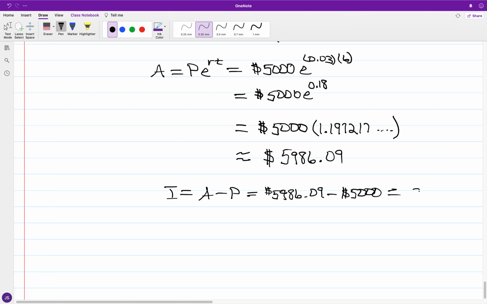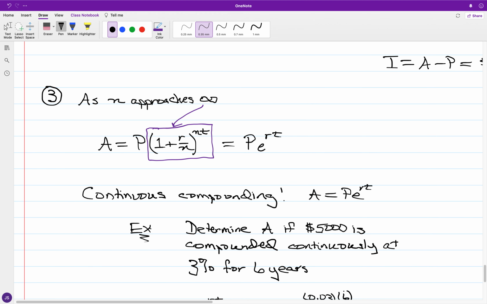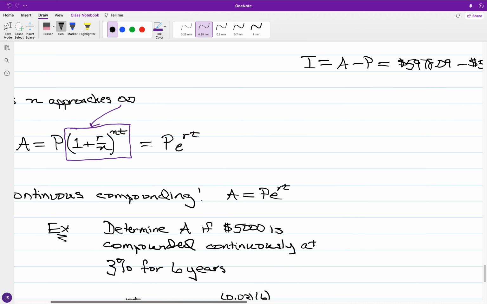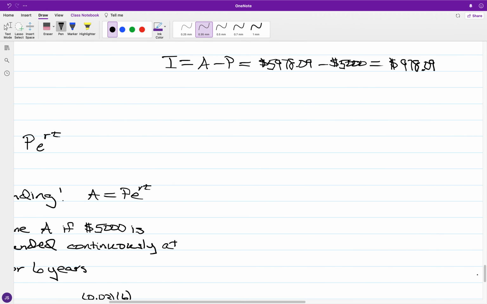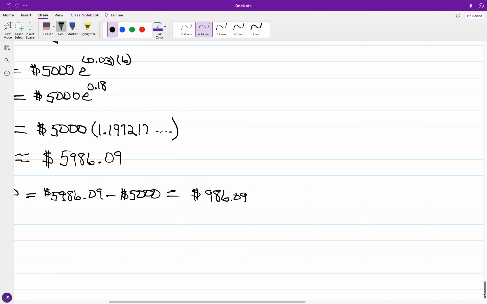So the interest built upon this, after 6 years, is around $986.09. Compared to semi-annual compounding, that growth was at $978.09. So you have right at an $8 difference.